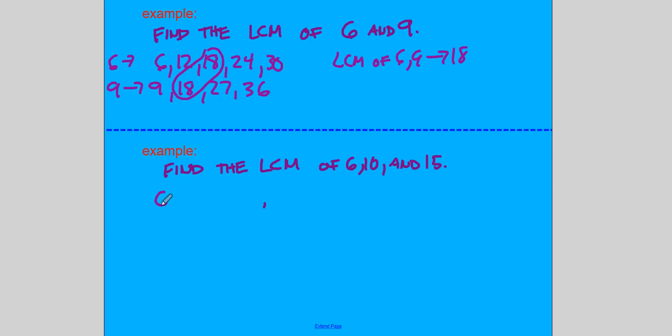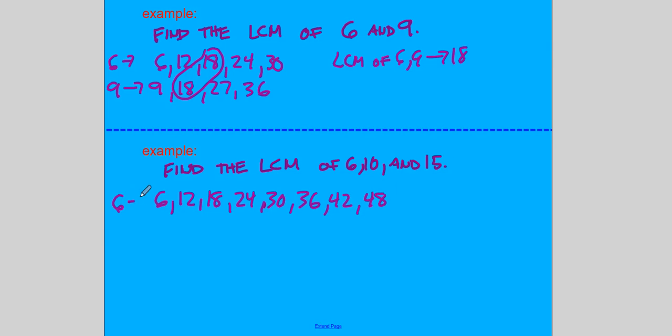Multiples of 6 are 6, 12, 18, 24, 30, 36, 42, that's 6 times 7, 6 times 8 is 48.